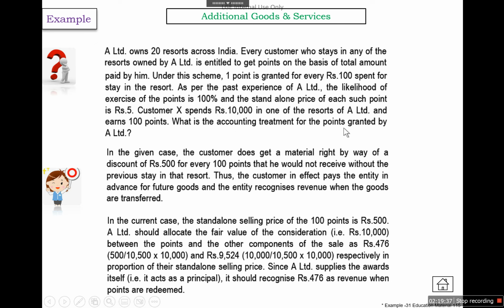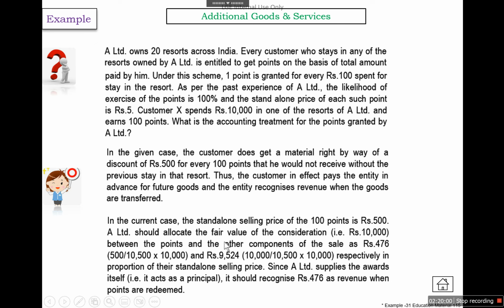What is the accounting treatment for the points granted by A Limited? In that case, there are two performance obligations. The customer gets an additional material right by way of a discount of 500 for 100 points. He would not receive this without the previous stay in the resort. Thus, the customer in effect pays the entity in advance for future goods and the entity recognizes revenue when goods are transferred.